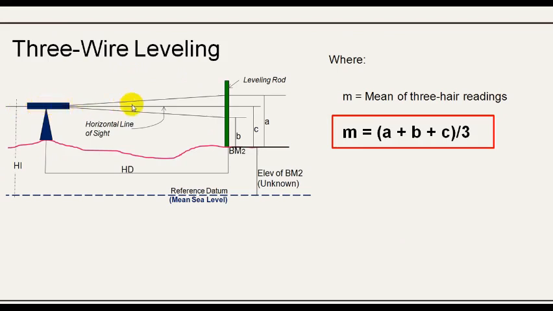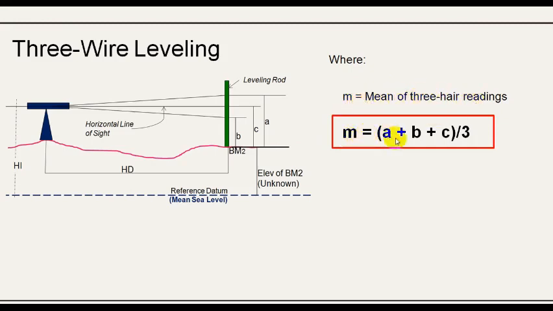In the eyepiece, you can see three stadia hairs. The upper stadia hair reading, from the terrain to the upper stadia hair, we designate as A. The horizontal crosshair is C, and the lower stadia hair is B. First, we get the mean of the three readings.